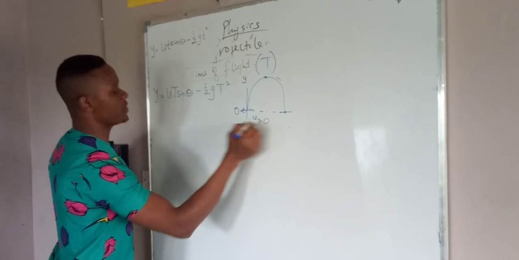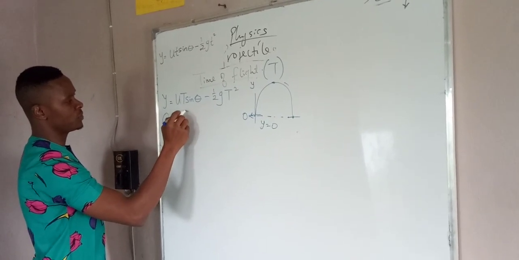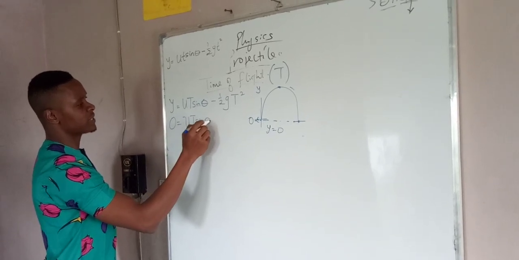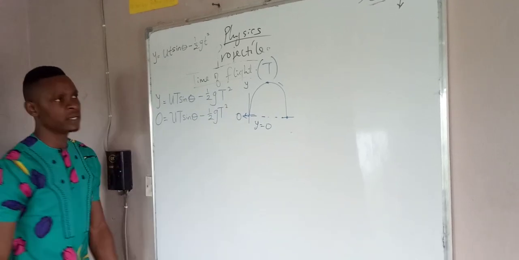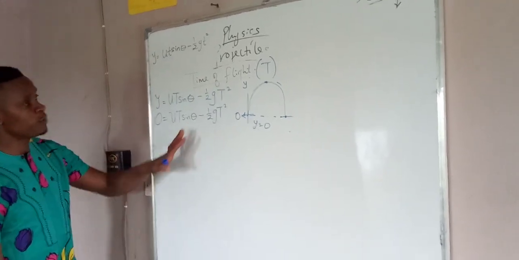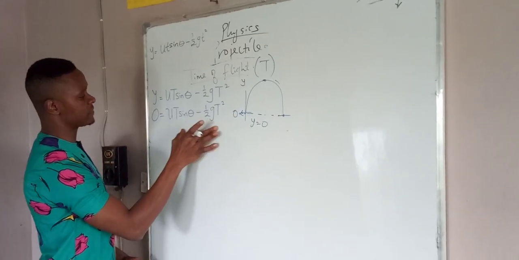So if y is 0, then we'll have it that 0 equals ut sine theta minus half gt squared. Now we are looking for t, so we're going to make t the subject of formula. But let's evaluate this first.